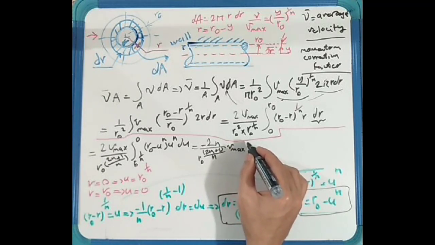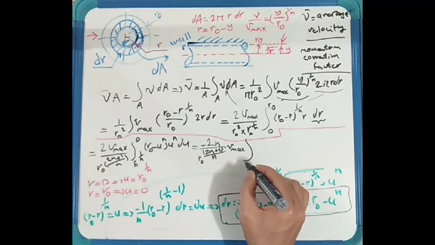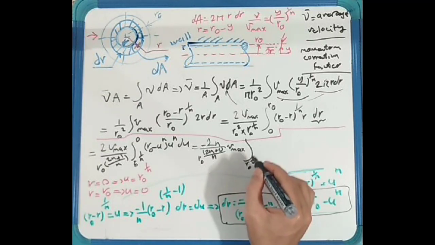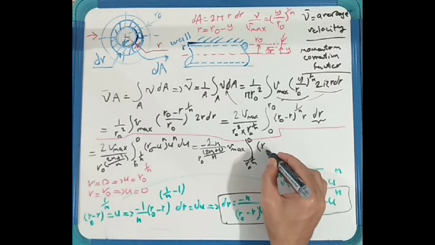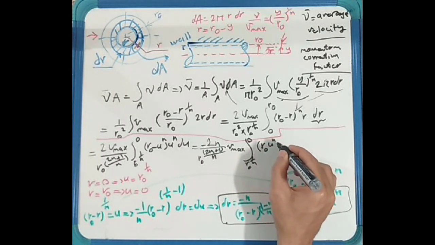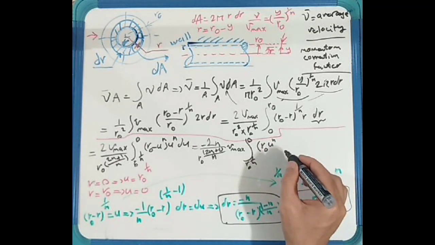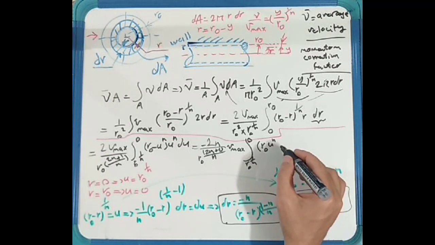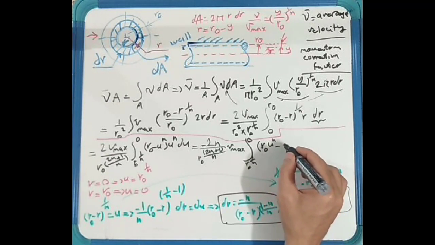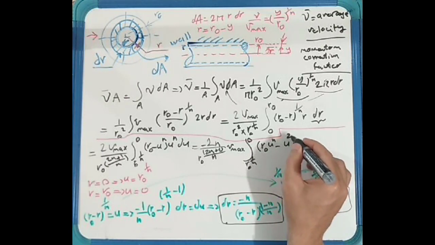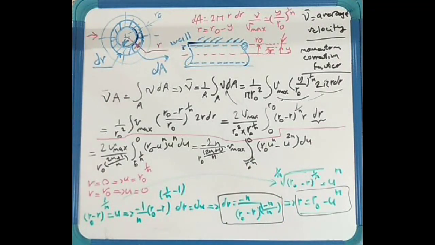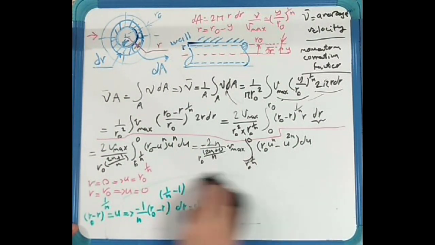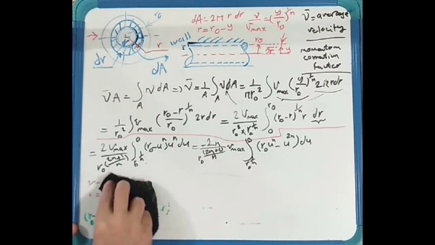Okay, integral from R0 to the power of 1 over n to 0 of (R0 u^n minus u^(2n)) du. Okay, then let me erase these ones because I don't need them.